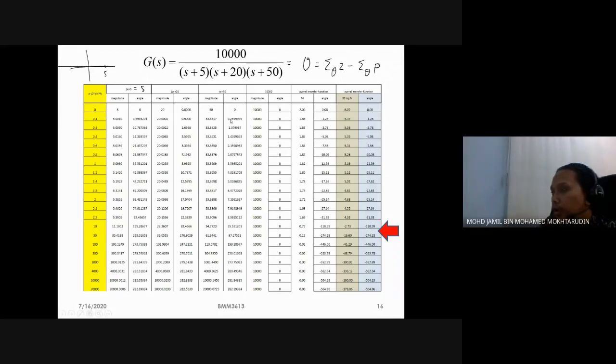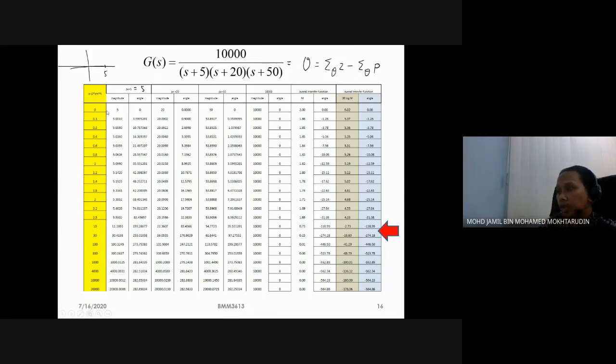And repeat the process for all of jW plus 20, jW plus 50, and 10,000. And then calculate the overall transfer function for M, magnitude, and the angle. And then for the magnitude, you need to convert into 20 log, in decibel.